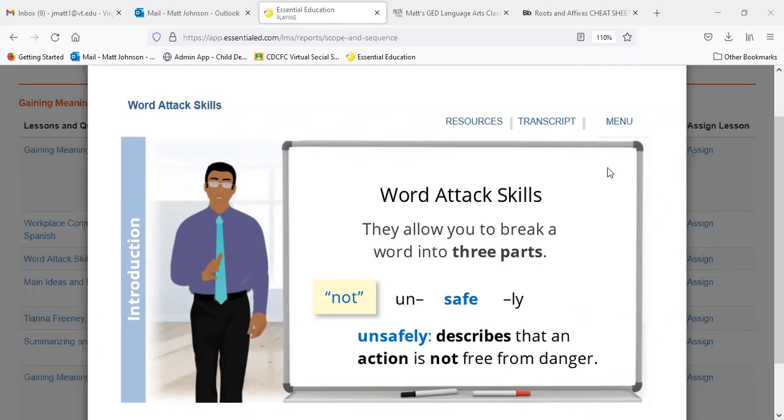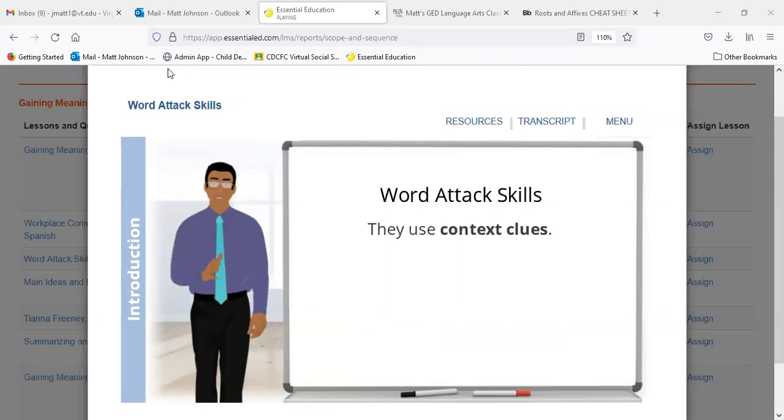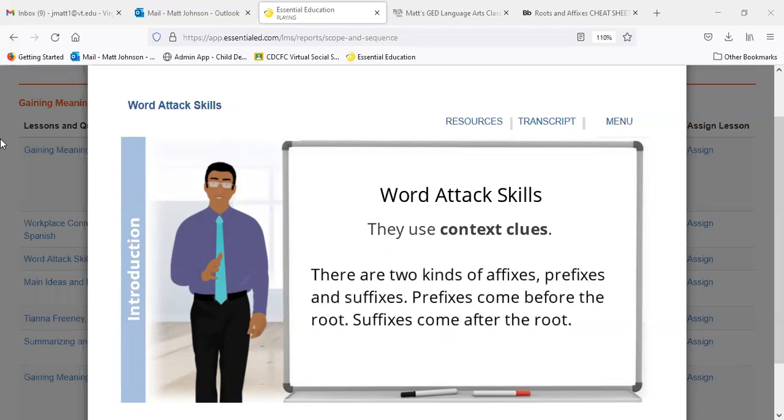Word attack skills also include using context clues. Context clues help you figure out what a word means based on other nearby words. Take a look at these sentences here. There are 2 kinds of affixes, prefixes, and suffixes. Prefixes come before the root. Suffixes come after the root.